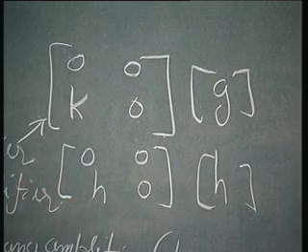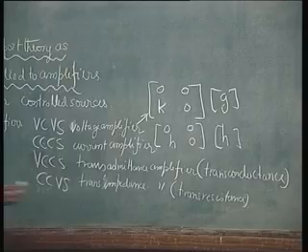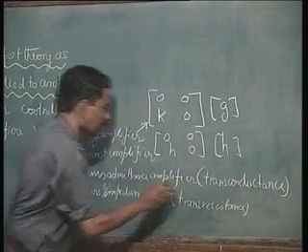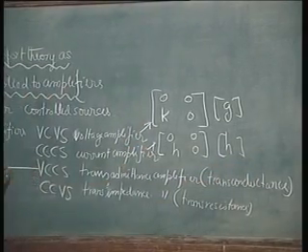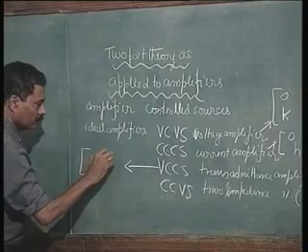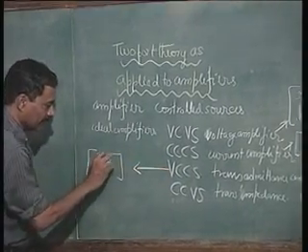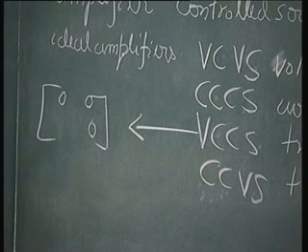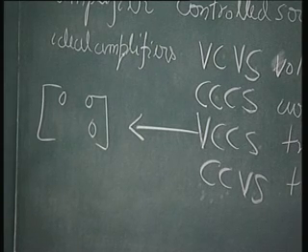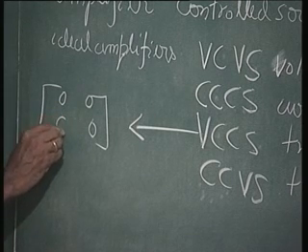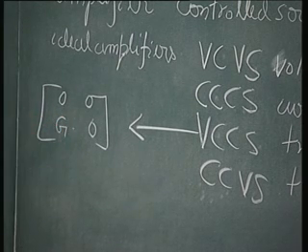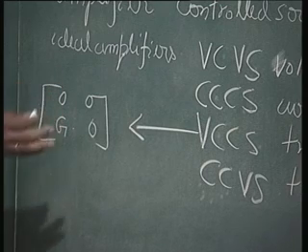Then the transadmittance amplifier. You can see this. Voltage controlled current source, again this will be 0. The current source magnitude I is going to be represented as Vi into G, so this is going to be conductance, or admittance.